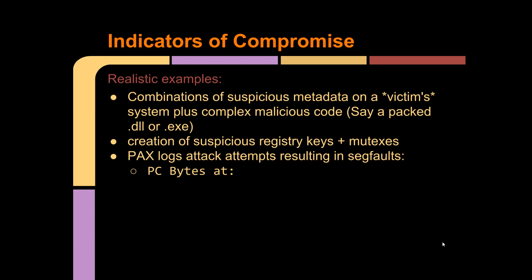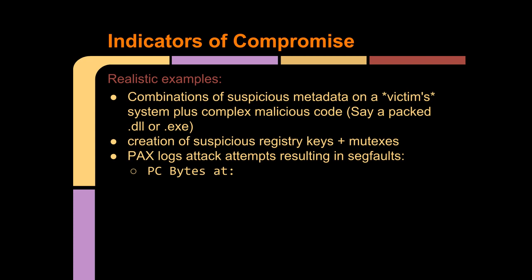If you're doing incident response and you have control over your organization's network and you have Linux systems, absolutely put PAX on these things, because with one of the default settings, it will log any seg faults, and it will show you exactly what PC is pointing at.